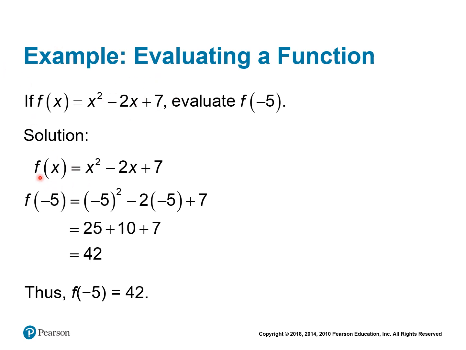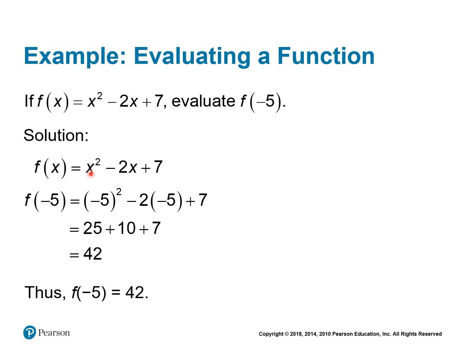You see, they have given us a specific value, although x can take any value, they want us to evaluate this for just -5. So we replace x with -5 throughout this expression, x squared minus 2x plus 7, replacing our x's with -5.